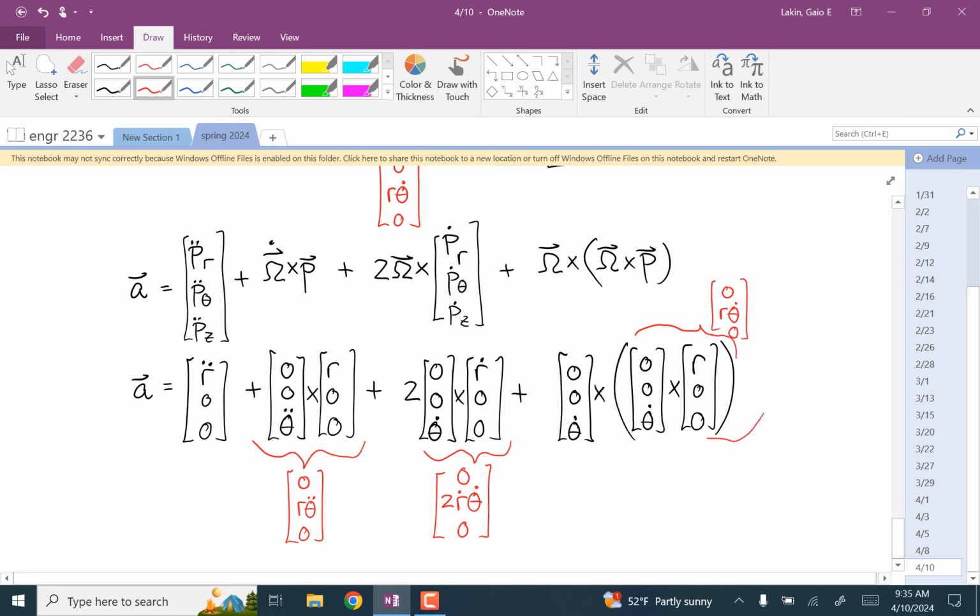And so all of this together is negative r theta dot squared, 0, 0.